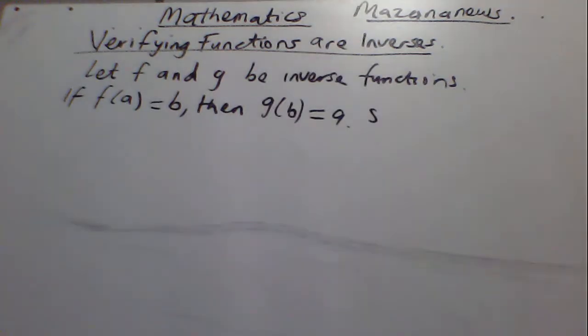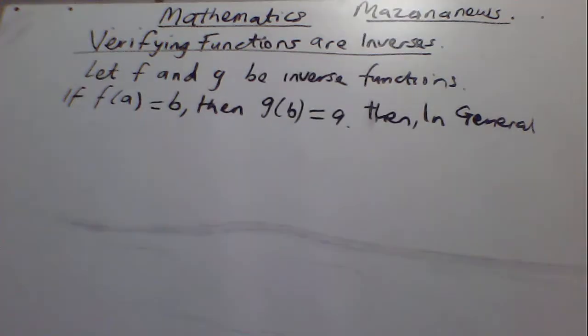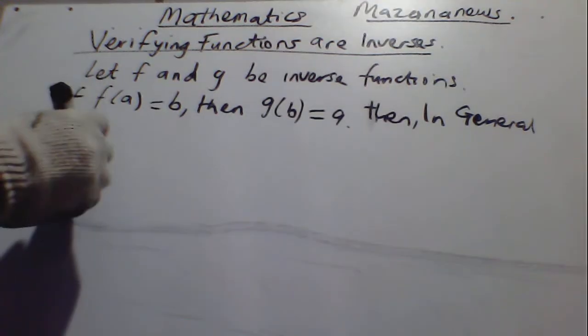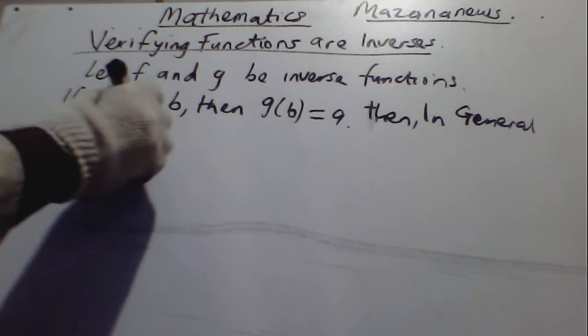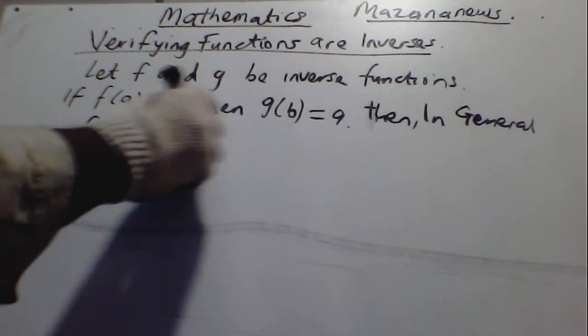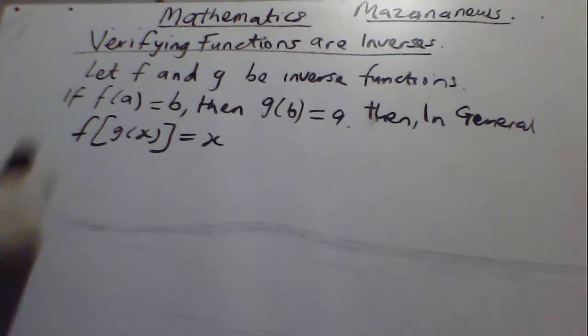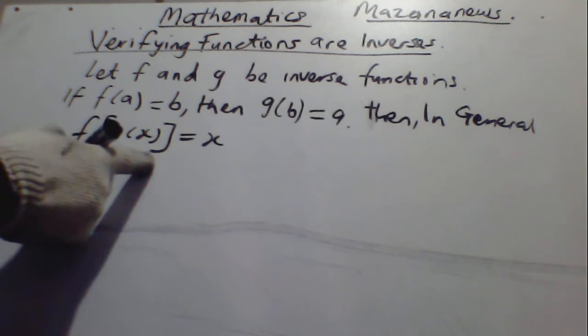Then in general, f of g of x is equals to x. This is pronounced as f of g of x.